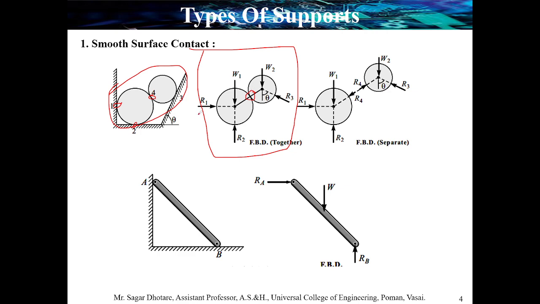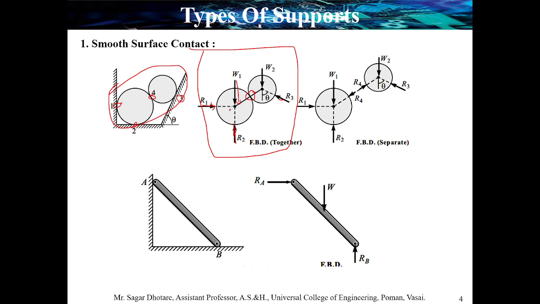Okay, so only write down the reactions related to the total system. So first reaction R1 is here, second reaction R2 is here, then self weight of cylinder 1, self weight of cylinder 2, and third normal reaction at point 3.